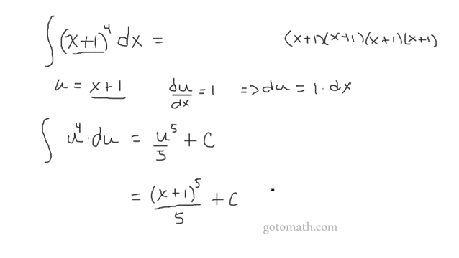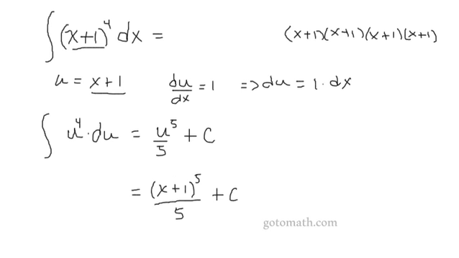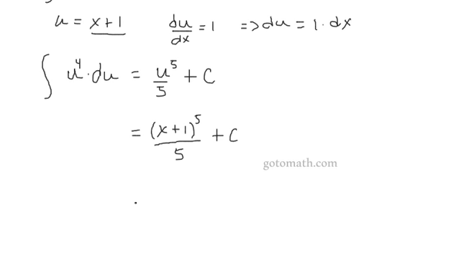Now you can always check your work by taking the derivative of this, so let's just do that. We end up with 5 times (x plus 1) to the fourth: take the 5, bring it out front, subtract 1 from the exponent.